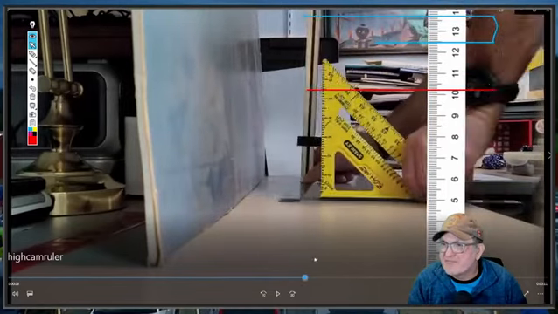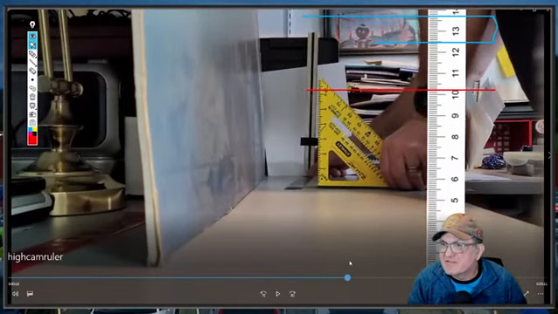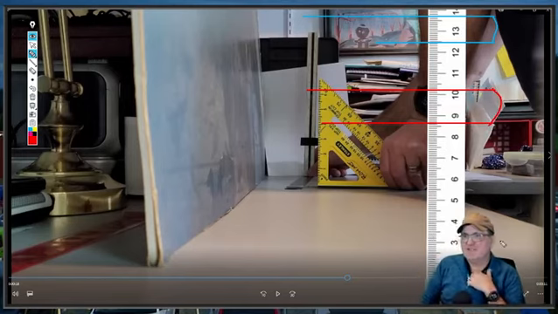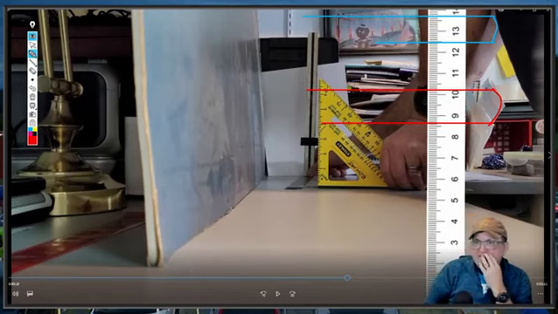All right. 4. Oh, my goodness. 4. And we'll connect these two up. Interesting. That is extremely interesting.